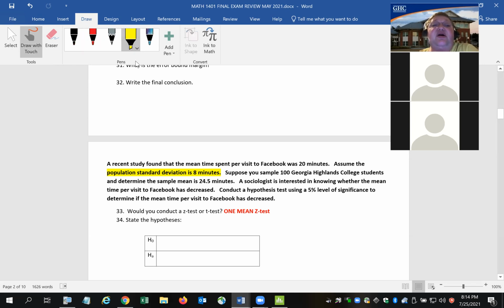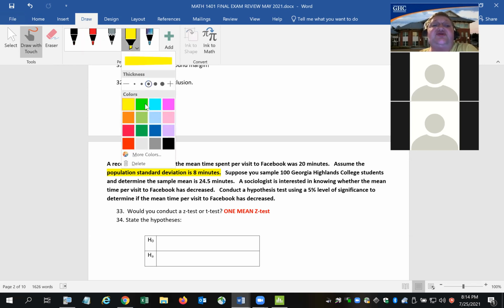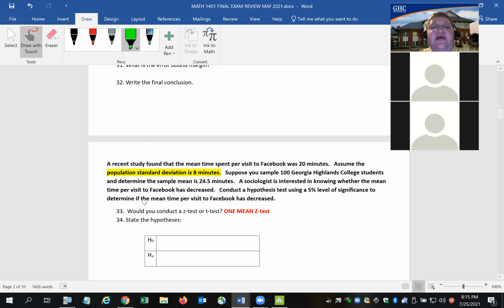This particular one is reasonably straightforward, because the last sentence says conduct a hypothesis test to determine if the mean time per visit to Facebook has decreased, and it's decreased from what was found in the recent study, which was 20 minutes.